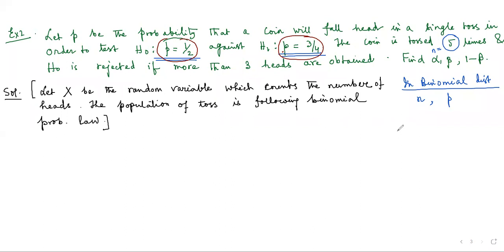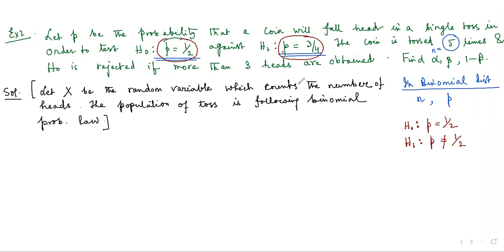It is not like that. Do not think like that. Remember that if you write P equals half in your null hypothesis, then in the alternative hypothesis you are actually writing P not equals to half.